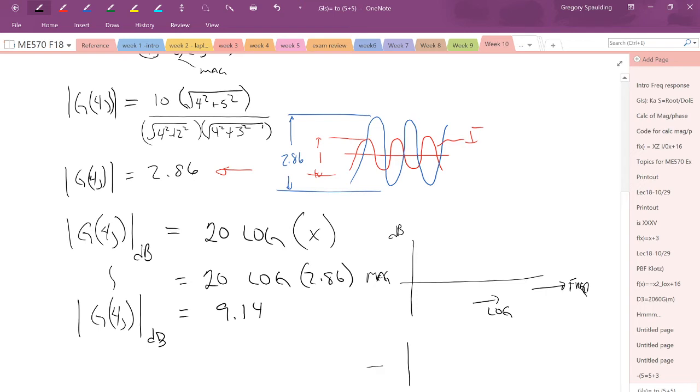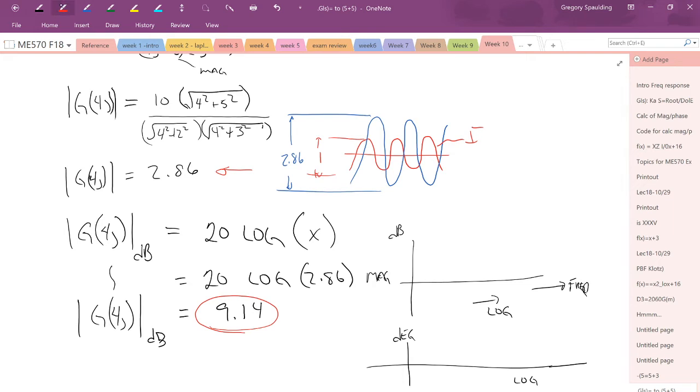Now, on our phase, it's in degrees, and again, it's the log scale of the frequency. So this is how the Bode plot is set up, and so this would be our magnitude ratio for our Bode plot.